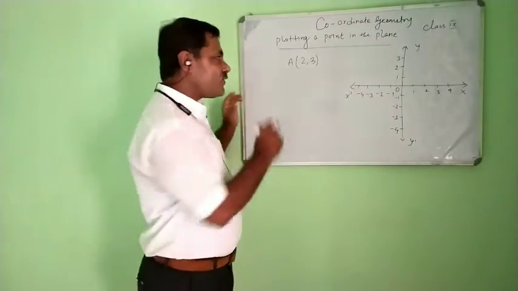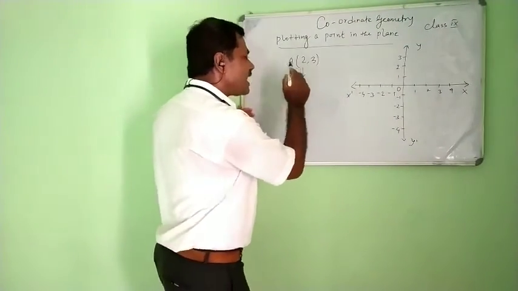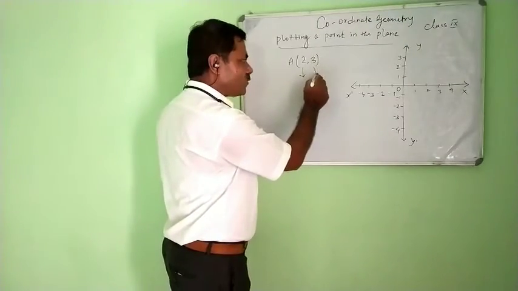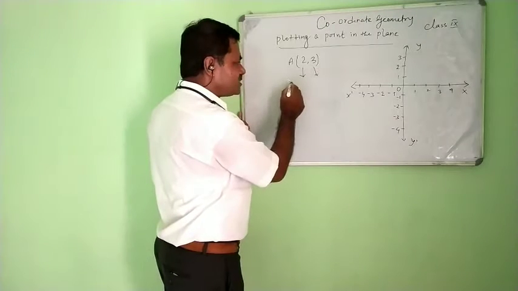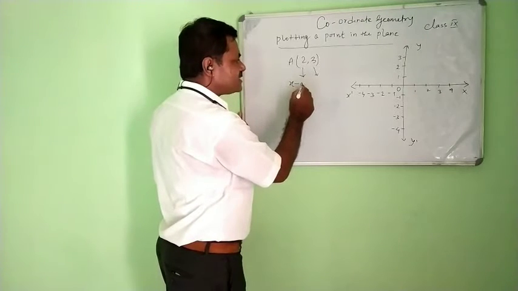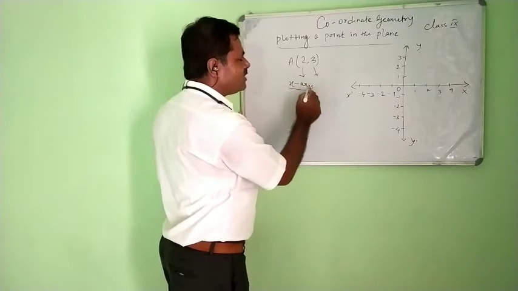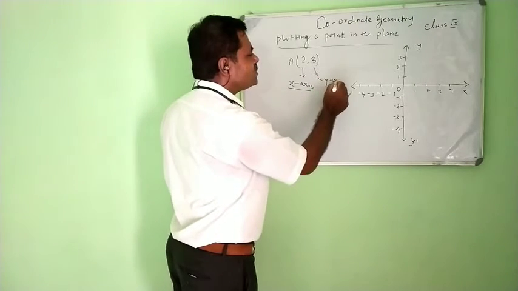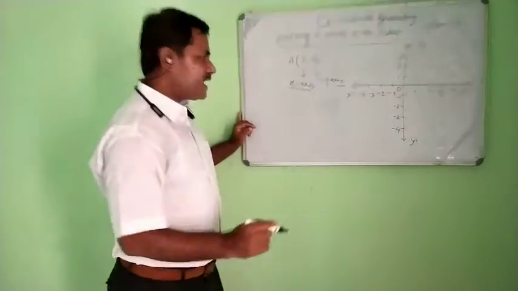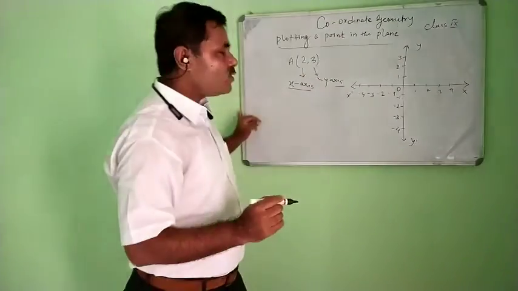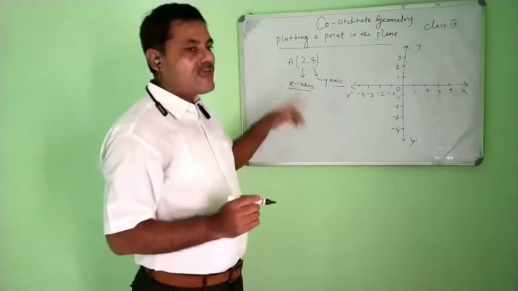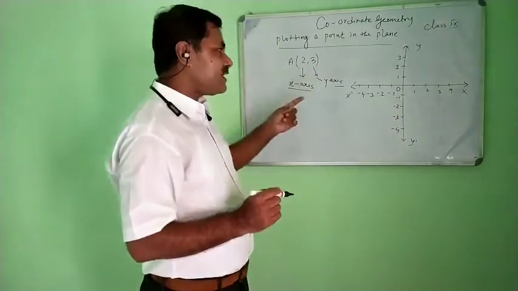So 2, the first number, is the abscissa, which is of the x-axis, and the second is of the y-axis. We'll have to search for the first one on the x-axis and the second one on the y-axis. So how will you search? See, first, as you know, the coordinate (2, 3) is lying in the first quadrant.